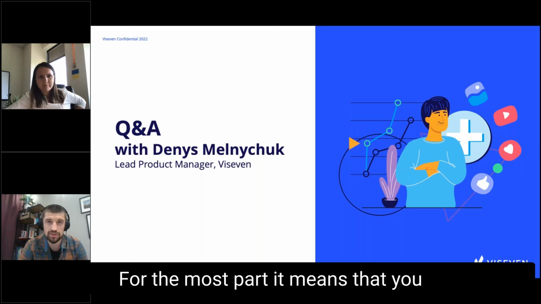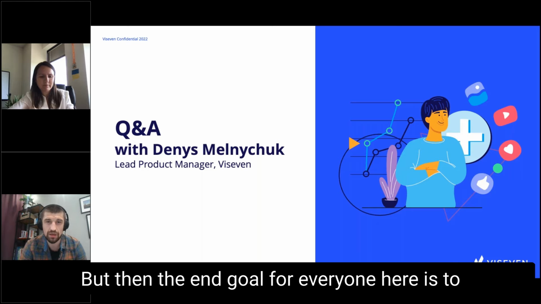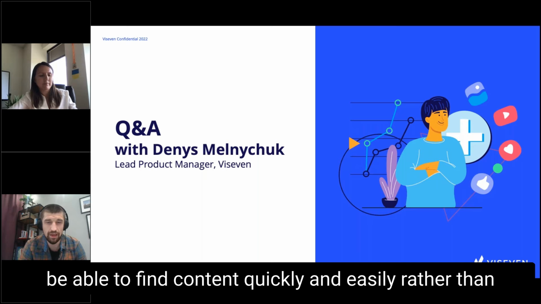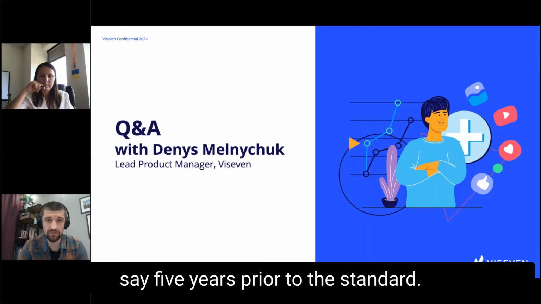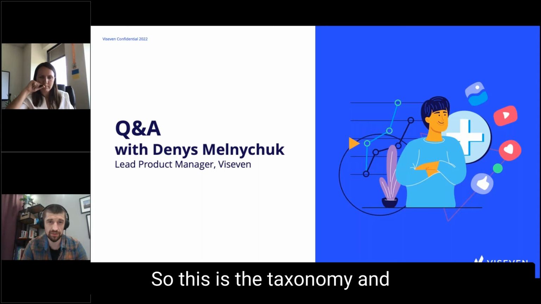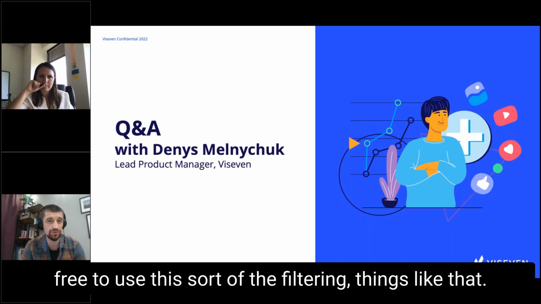For the most part, it means that you need to do a huge migration, retroactively. But as the end goal for everyone here is to be able to find content quickly and easily, rather than thinking, okay, we created this content, let's say 5 years prior to the standard, so this is the taxonomy and definition that we need to use, or if we created it after the date, then we are free to use this sort of filtering, things like that.